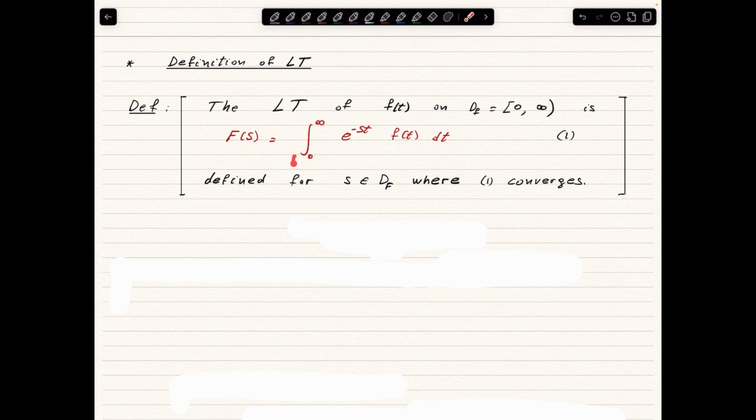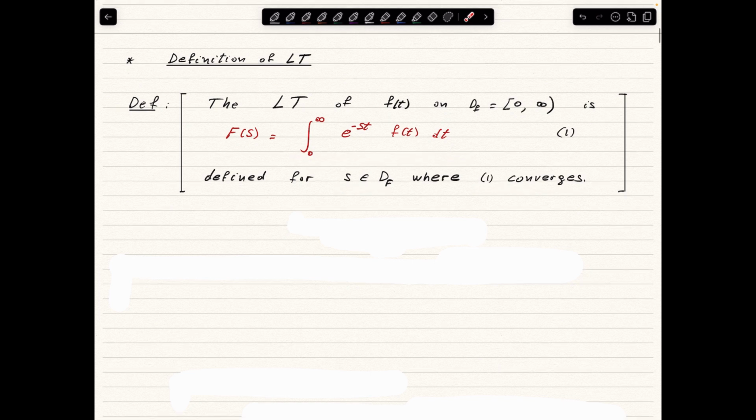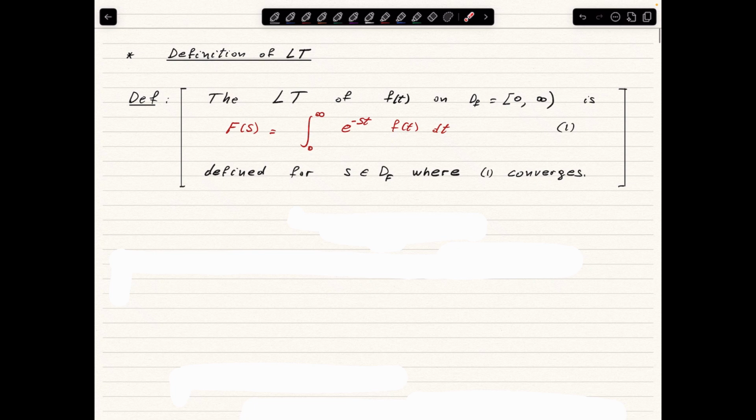And when we do all these calculations, what we end up with is a number that actually depends on the value of s we put here. So actually this is a function of s. And this function of s may be defined or not depending on the values of s. So we are going to say that this function of s is defined on some domain where this integral converges.